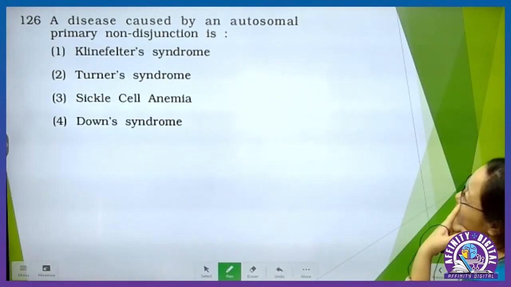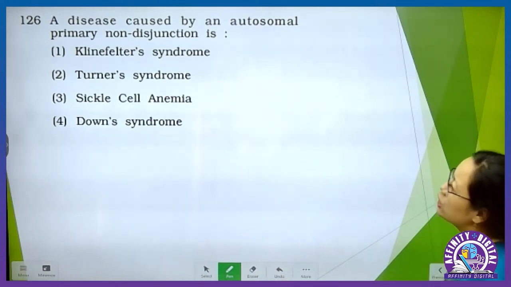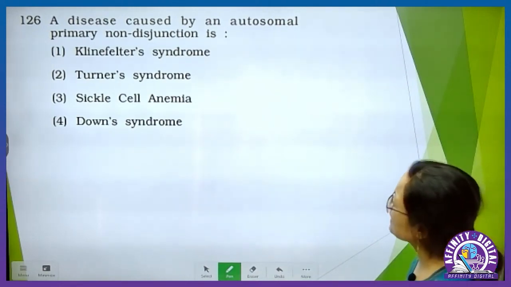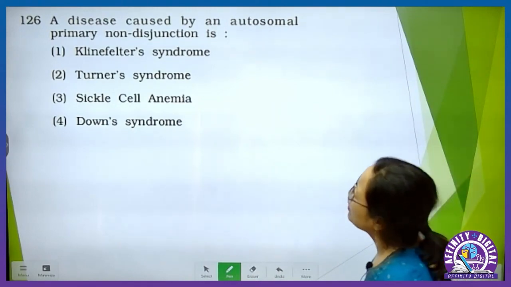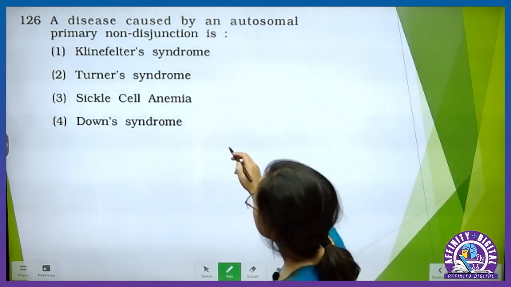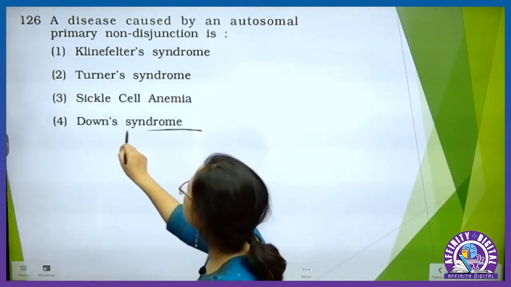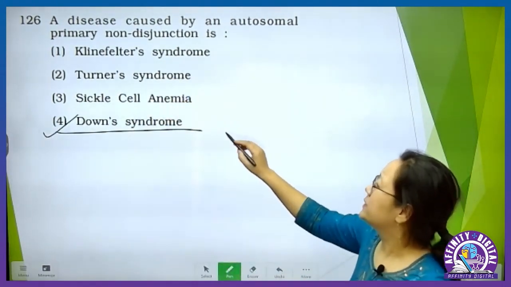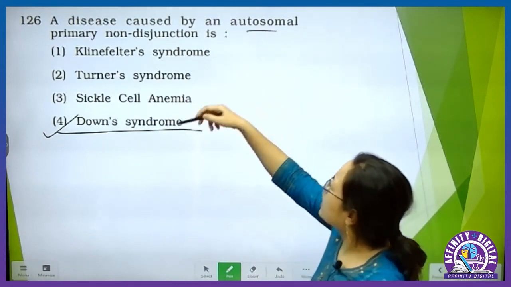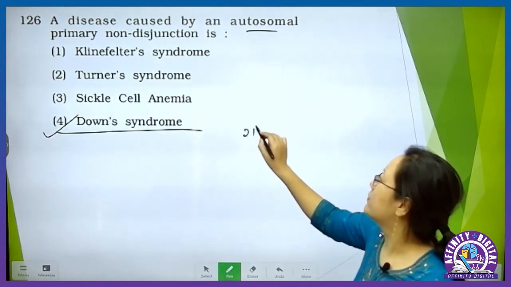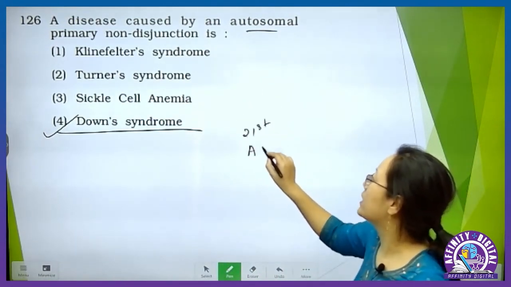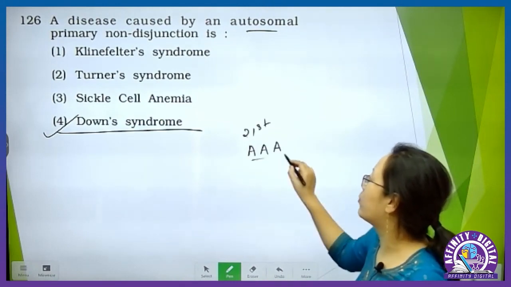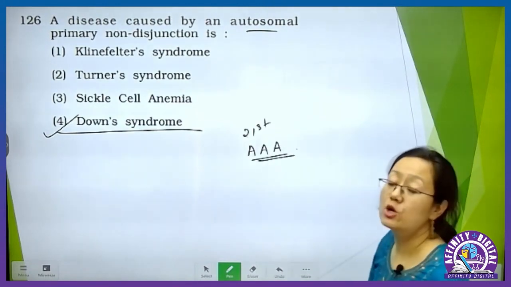A disease caused by an autosomal primary non-disjunction will be Down syndrome. Non-disjunction, and it should be autosomal. Down syndrome has trisomy of the 21st chromosome, so it will have 3 copies of the 21st chromosome.